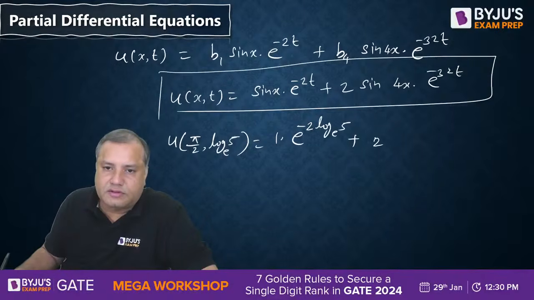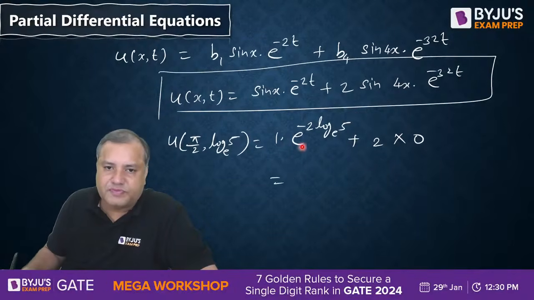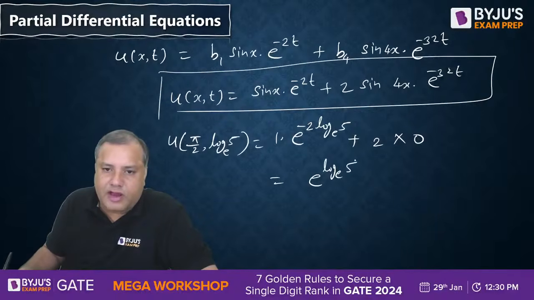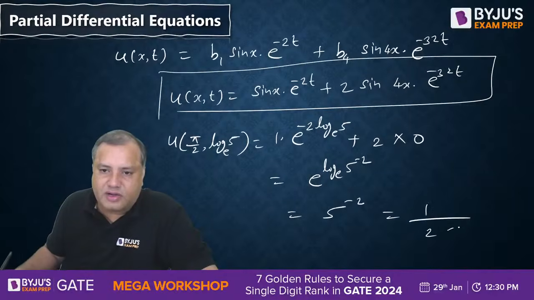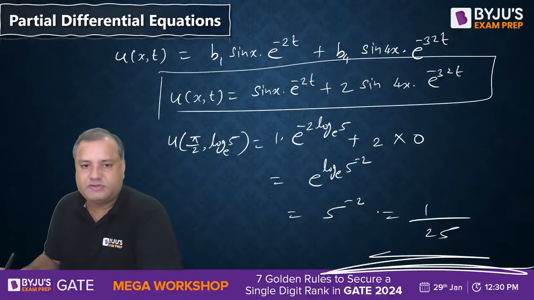Then 2 sine 4 pi by 2, which is sine 2 pi, that is 0. So this entire term will vanish. So e to the power log 5 to the power minus 2, so 5 to the power minus 2 means 1 by 25. So u of pi by 2 comma log 5 is 1 by 25.